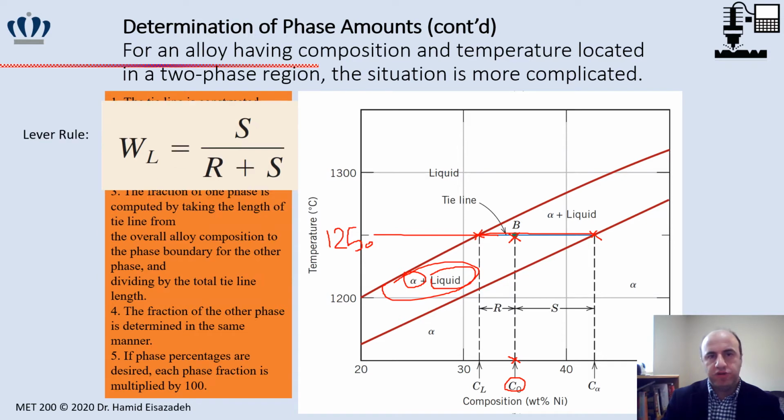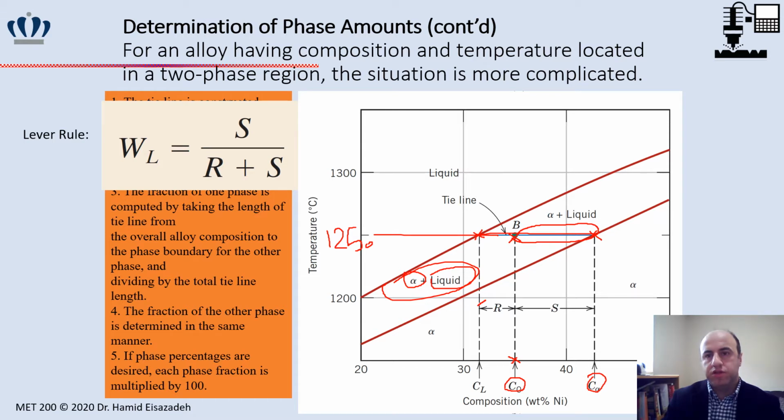and dividing by the total tie length. Here is the equation. So if you want to calculate the amount of liquid phase, remember this is going to be liquid, you have to subtract the alloy composition from this point.